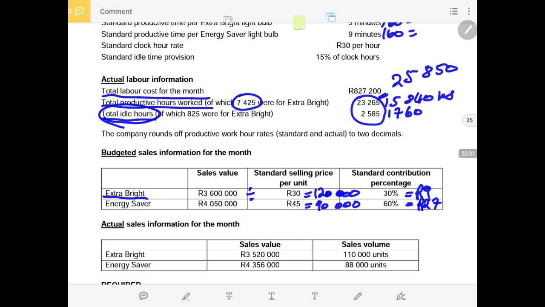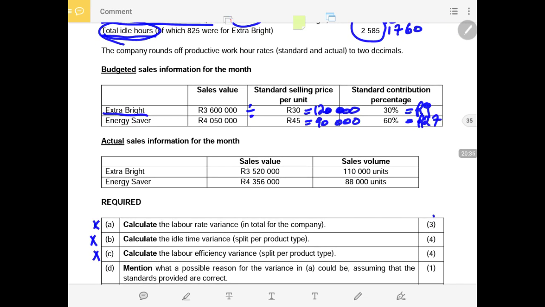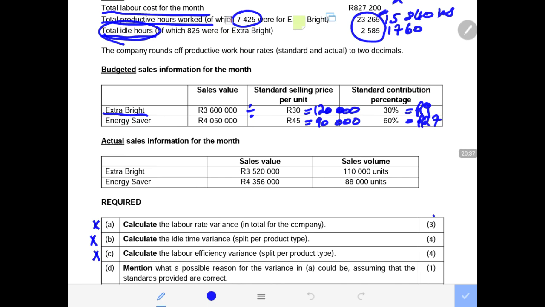Now, let us proceed to the actual sales. Now they come back again to the actual information regarding our sales. Our actual sales were 3,520,000, and the number of units sold were 110,000.